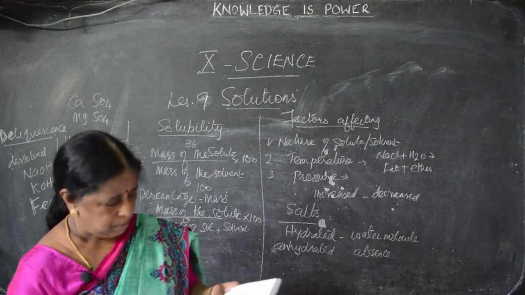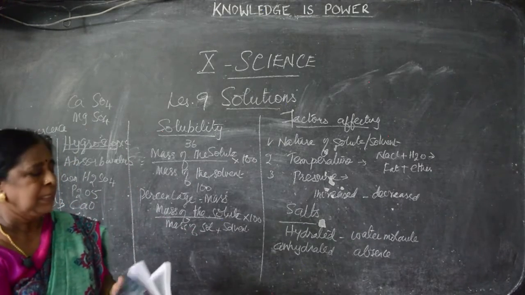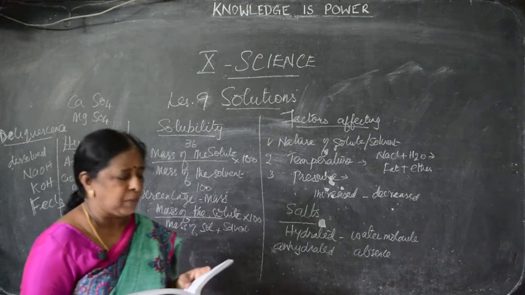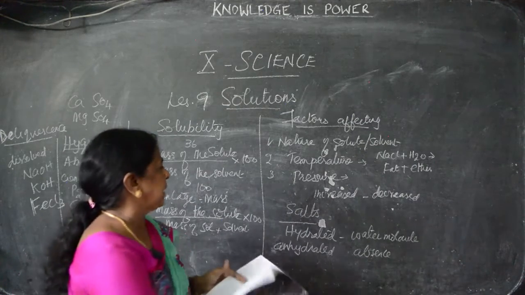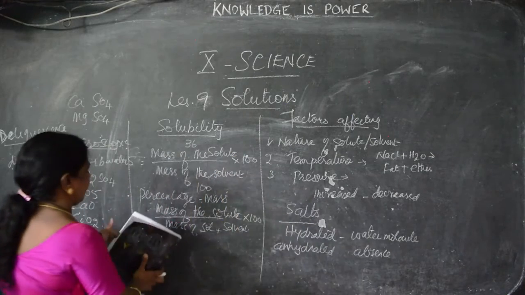Try this at home. Mass of the solute is 1.5 gram, mass of the solvent is 15 gram. Let me do the first sum.